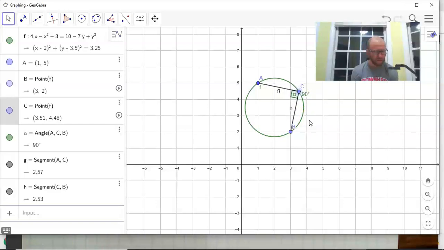And that reminded me of a couple of theorems here. You can take any right triangle and you can always put it inside a circle like this.